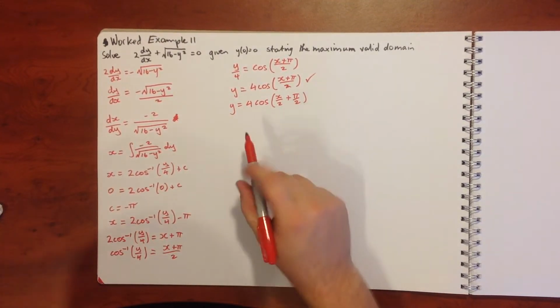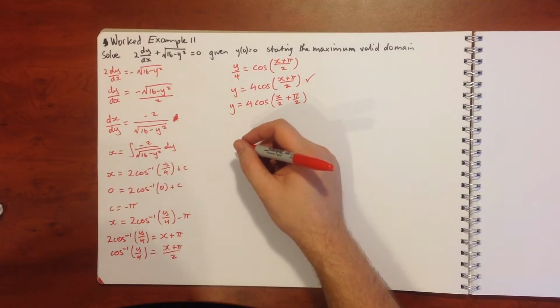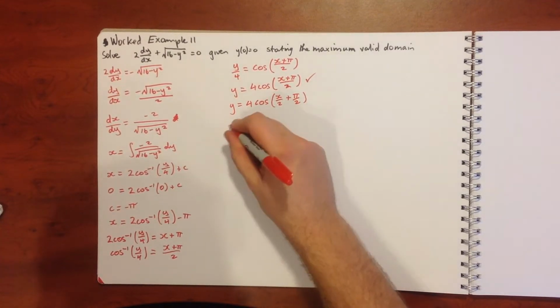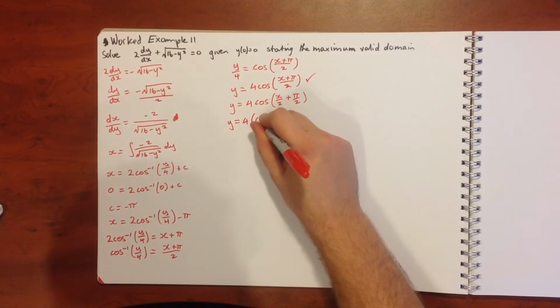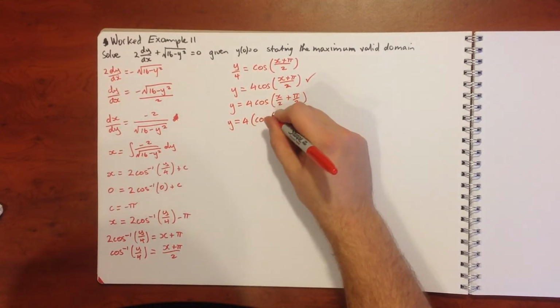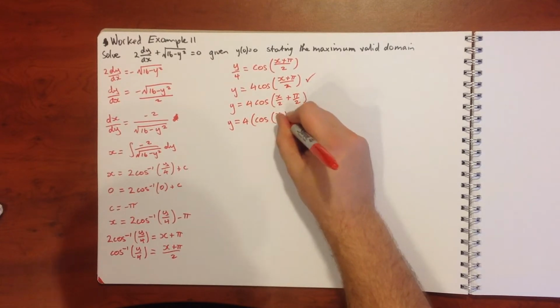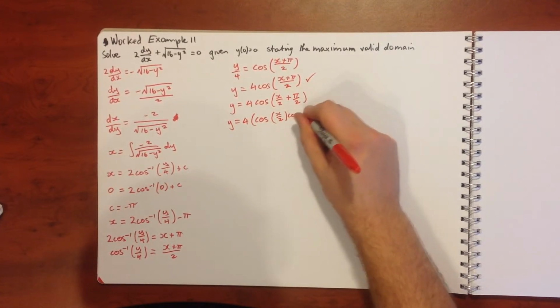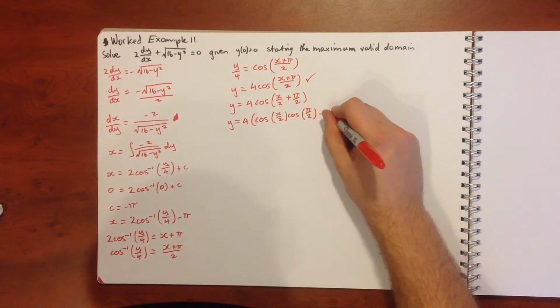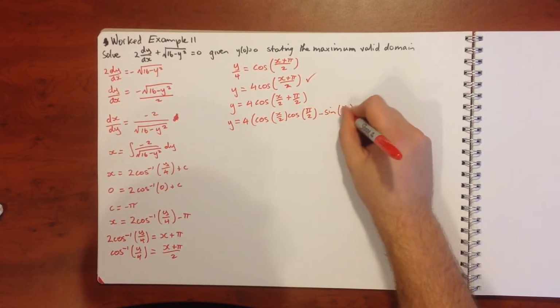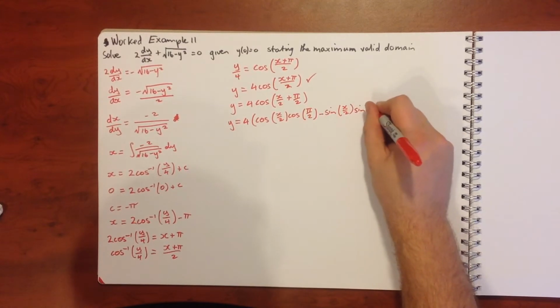When we do that, we can use one of our identities, one of our compound angle formulas, to say y equals 4 times cos of x on 2 cos of pi on 2 minus sine of x on 2 sine of pi on 2.